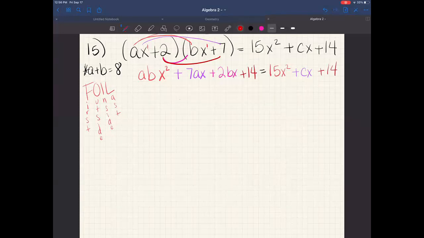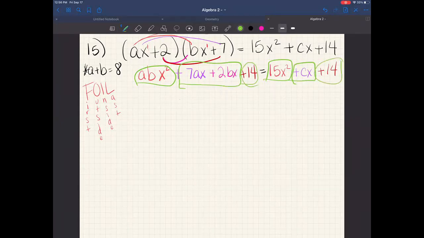So I should have kept them in the purple, but I'm gonna use a different color so that we can see. So here's my x squareds. This here is my cx, and this last here, 14 and 14. Because they are equal to each other, you can match up the variables, and those are what they're equal to.